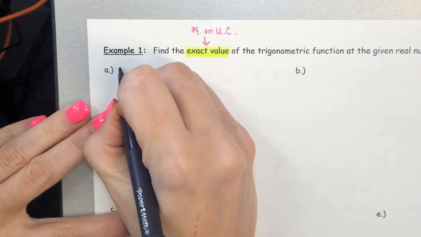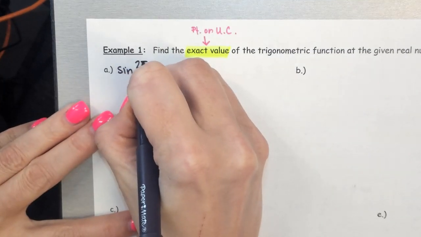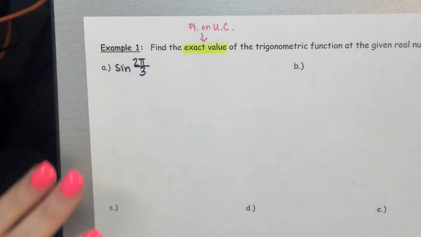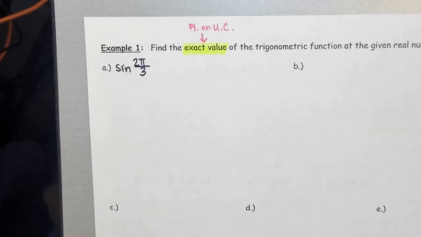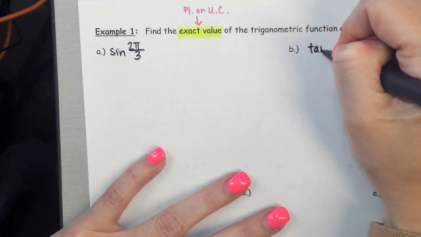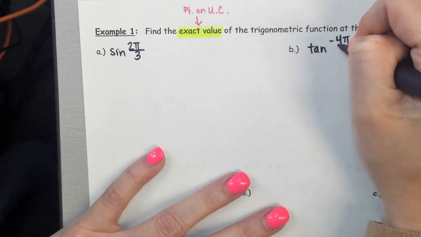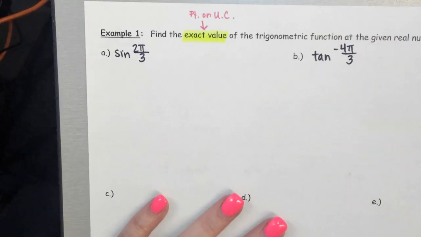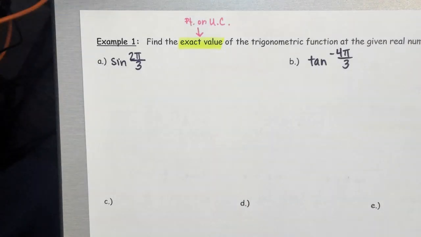Okay, so I'm going to give you the sine. You have to find the sine of 2 pi over 3. Okay, you can use quadrant 1, and then you can also do the tangent at negative 4 pi over 3. Alright, so I'm going to give you a minute to do those.